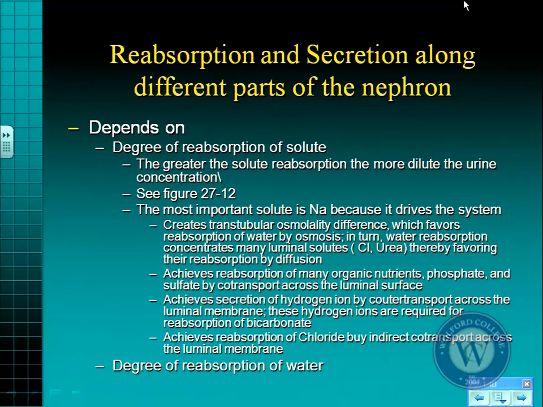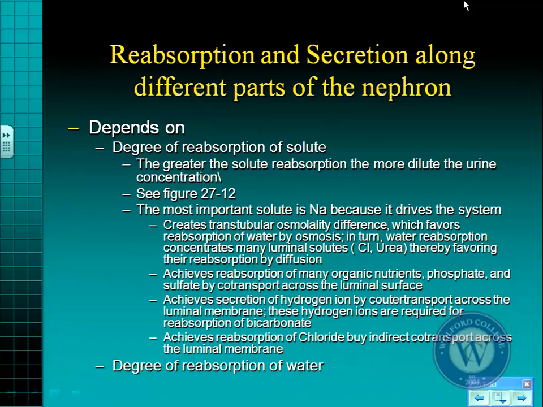So the greater the solute reabsorption, the more dilute the urine concentration. The most important solute, of course, is sodium because it drives the system. It creates what's called a transtubular osmolality difference, which favors reabsorption of water by osmosis. In turn, water reabsorption concentrates many luminal substances, including chloride and urea, which then helps favor their reabsorption by diffusion.